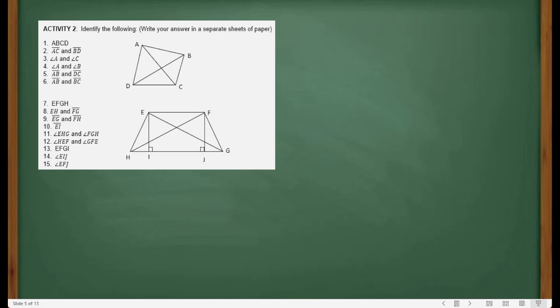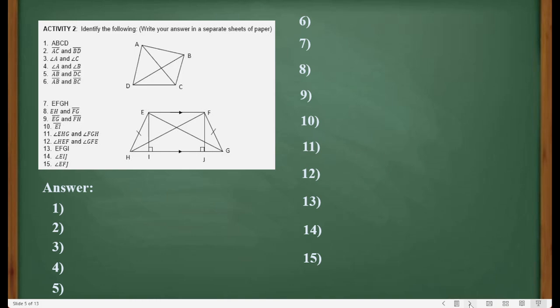Okay, I think everyone is done answering this activity. So let us now reveal the answers. Okay, number 1. What geometric figure do we have with the name A, B, C, D?